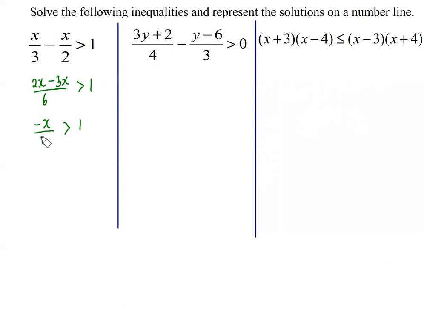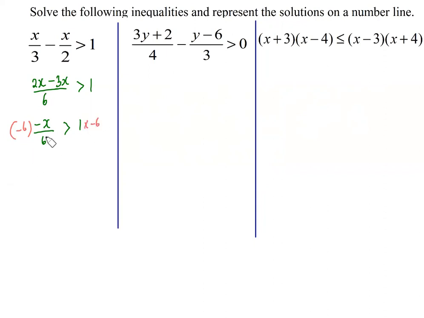Then to get rid of the 6 here, negative x over 6, we multiply both sides by negative 6.